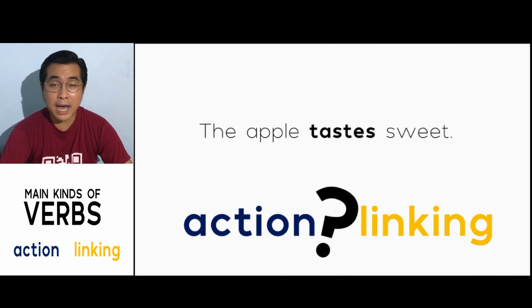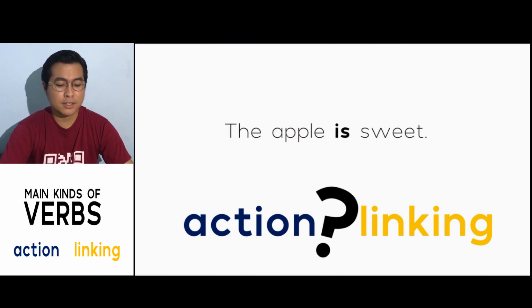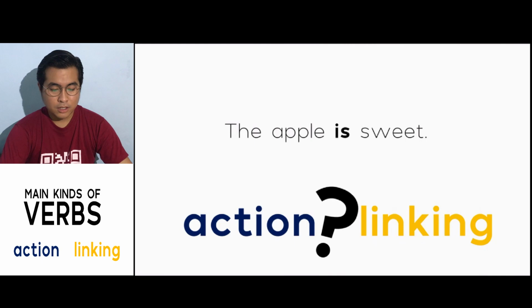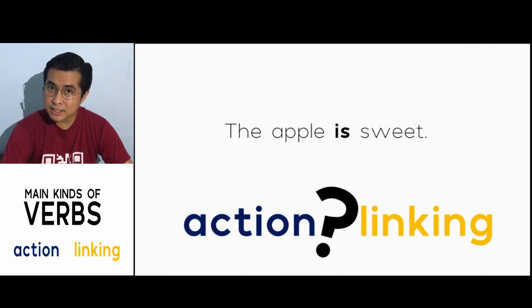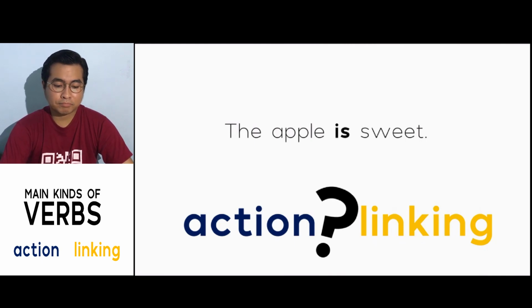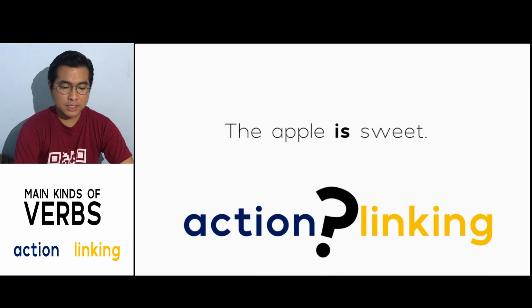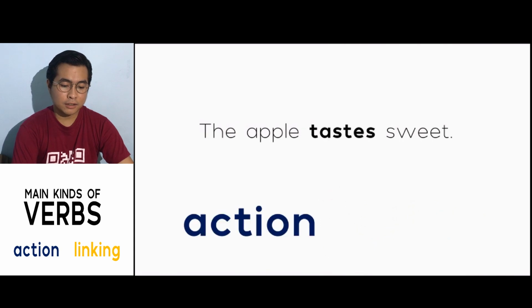Since we have the apple as a singular subject, we use a singular verb, is: "The apple is sweet." Did it maintain the meaning of the sentence? Since it did, then taste here is a linking verb.